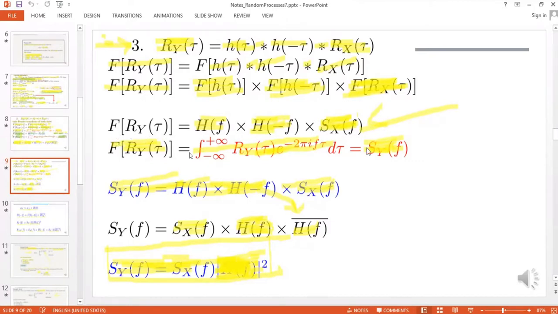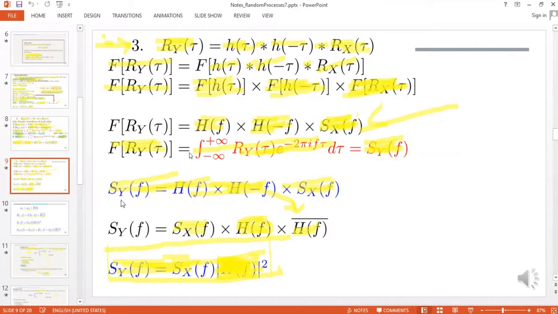Similarly, we can write the power spectral density of y as Sy(f), because Rx(tau) corresponds to Sx(f), and Ry(tau) corresponds to Sy(f).